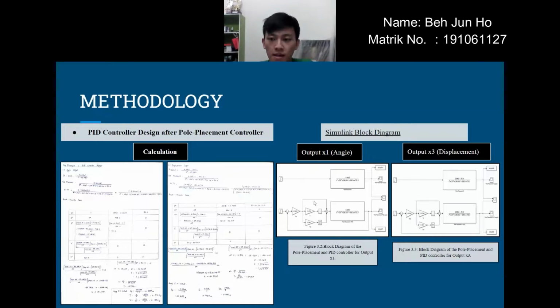For the second row, the PID and the pole placement controller are applied onto the systems. This block diagram shows the output graph of the system after applying the pole placement controller and the pole placement controller with PID controller.